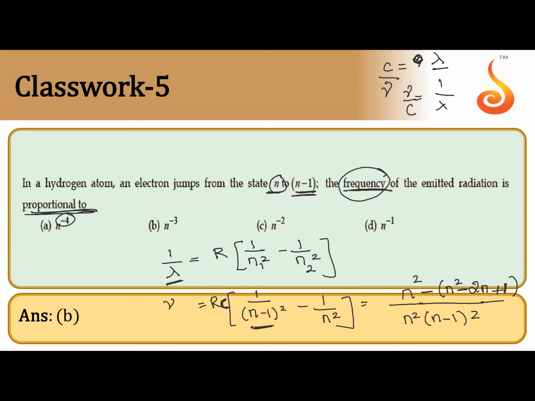So you get 1 minus 2n upon... I didn't solve this. If you want, you can solve this. Basically this also you can solve. You will get some n raised to 4 in the denominator, and in the numerator, you're getting some n term. So when you cancel this out, you're getting here 1 by n3.